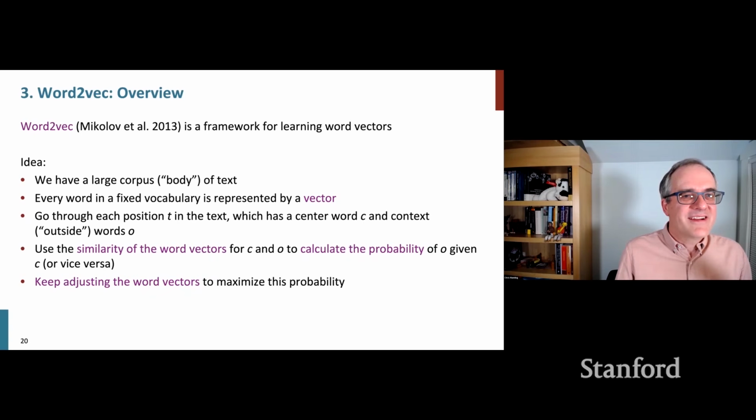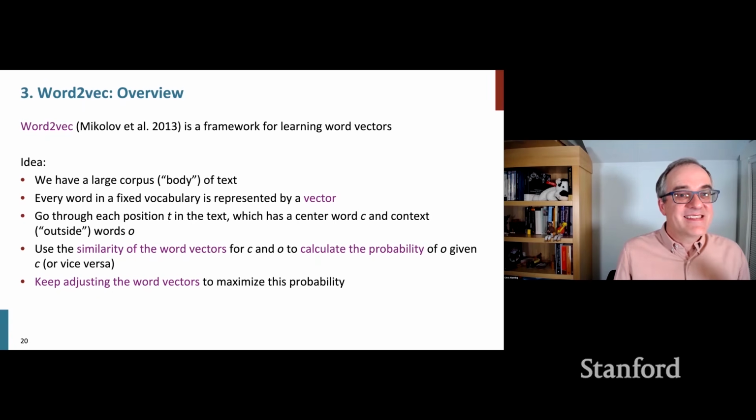And the really interesting thing is that we can learn these word vectors from just a big pile of text by doing this distributional similarity task of being able to predict well what words occur in the context of other words. So in particular, we're going to iterate through words in the texts.